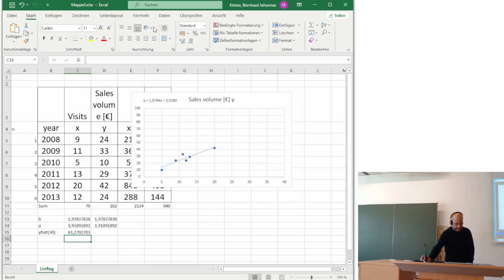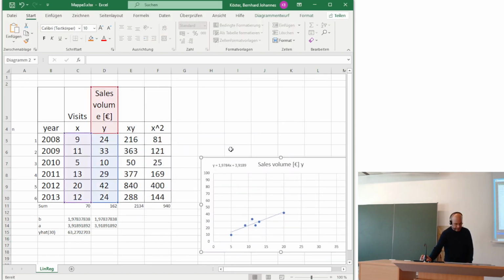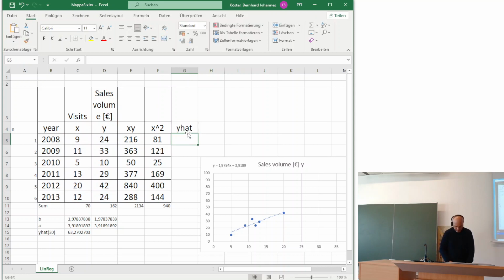So y hat would be then A. When we want to copy down this formula, we have to fix this number. This is done by F4, and F4 just introduces these dollar signs in front of the C and in front of the 14, and this means if you are copying this formula, then this cell is fixed.